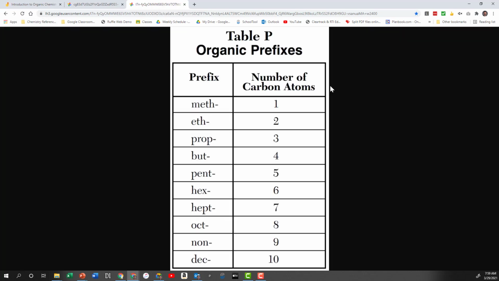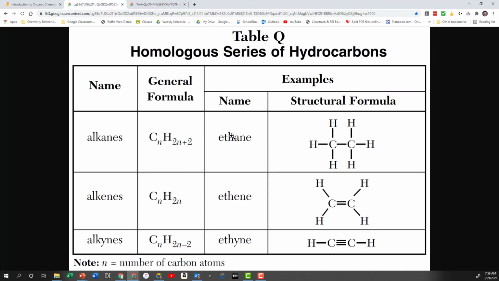If you have 1 carbon atom in an organic compound, the word starts with meth. So that's why this is methane. And there's only single bonds in it, so it ends with ane.